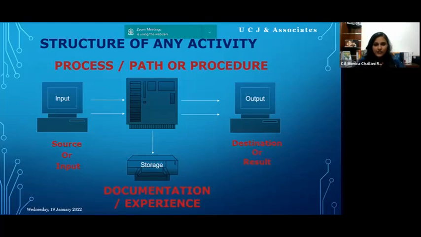Now, any activity has this main structure. They might have substructures, sub-processes, but this is the basic thing. Everything starts with an input or a source, and a certain process or procedure is applied on that particular source document or source item, and an output is achieved.